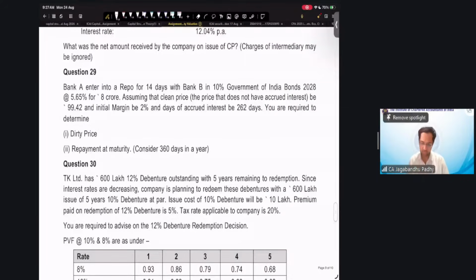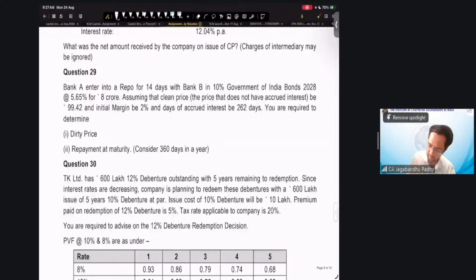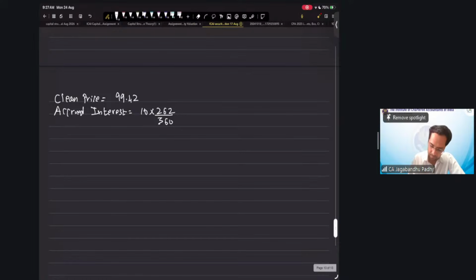It is a 10% government bond, so annually it is 10 rupees, and the days of accrued interest is 262. So accrued interest is 10 into 262 divided by 360, because you have to consider 360 days in a year.